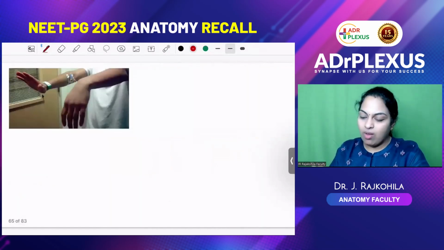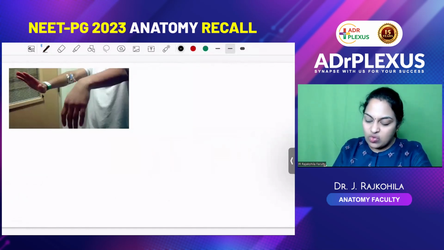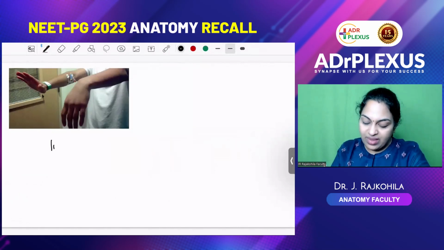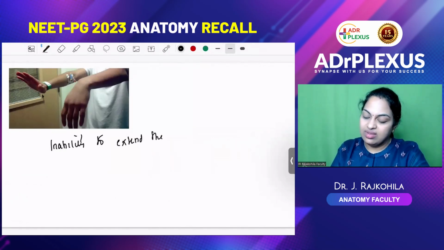Now what is the problem here? What are the muscles which cause inability to extend the wrist, the fingers and the thumb?